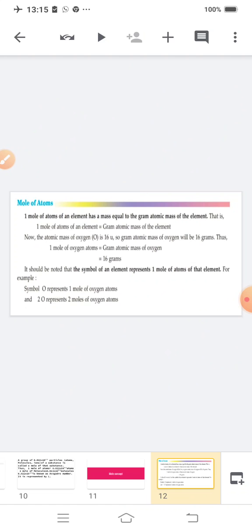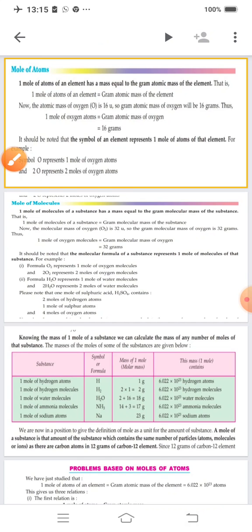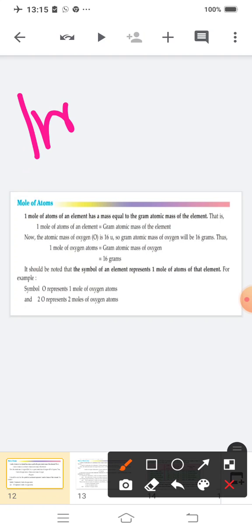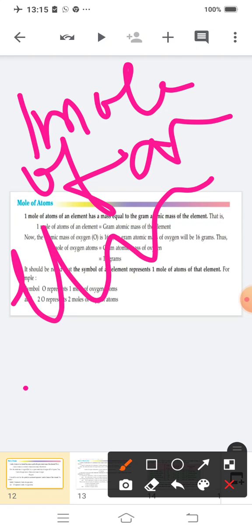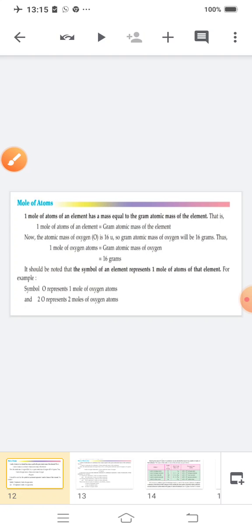So, mole of atoms. 1 mole of atoms of an element is equal to the gram atomic mass of that element. Clear?